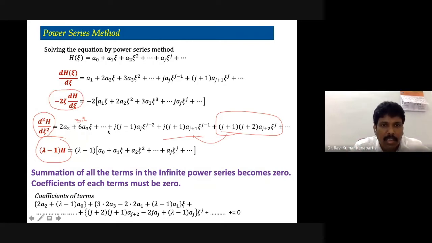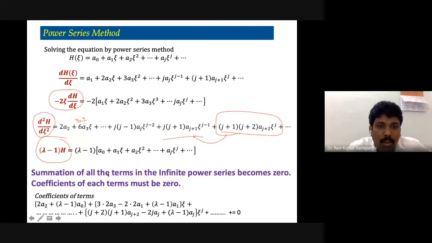You can see here there is a 3 multiplied by 2a3z, and here minus 2a1 will come as the coefficient. And here lambda minus 1 multiplied by a1 will come.